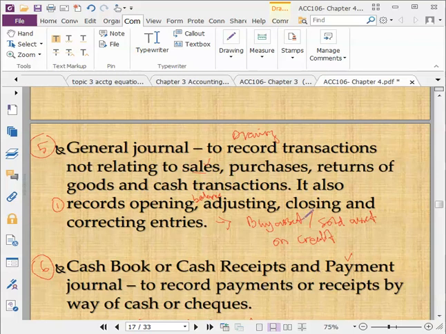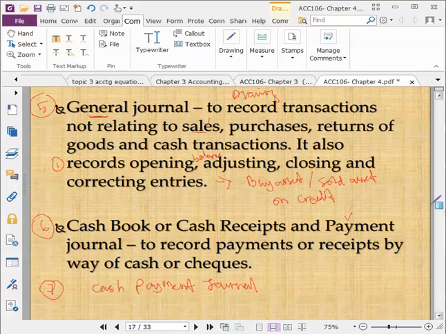Selain daripada tu, contohnya drawing, record opening, buy and sold asset on credit, itu adalah general.